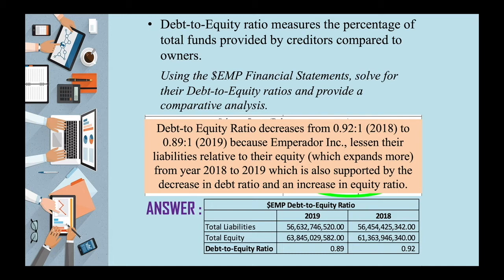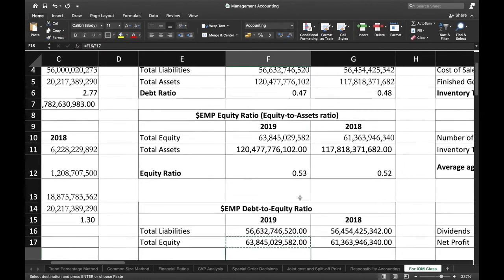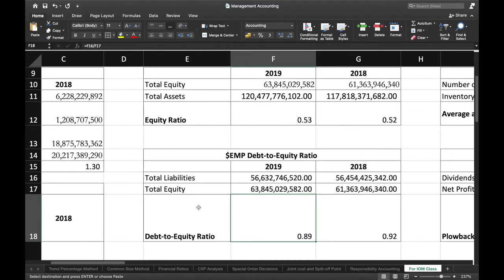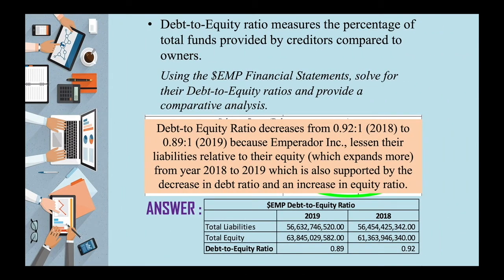From year 2018 to 2019, which is also supported by a decrease in debt ratio and an increase in equity ratio. Di ba na-explain ko? Connected sila. Yung nangyayari dito sa debt to equity ratio, nangyayari din sa equity tsaka sa debt ratio. Yung pagbaba nito, yun din yung pagtaas nitong equity ratio. And kita rin siya sa pagbaba ng debt to equity ratio from 0.92 to 0.89. Okay, so that's how financial ratio analysis is performed.